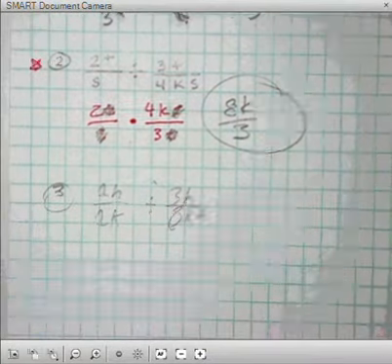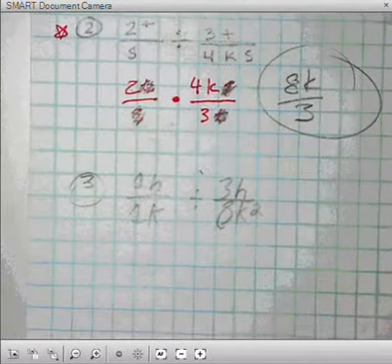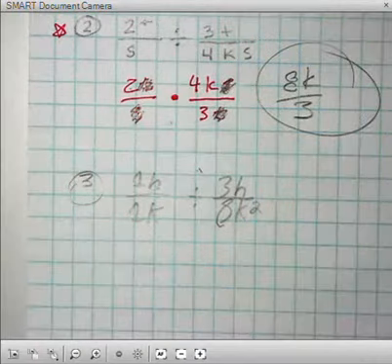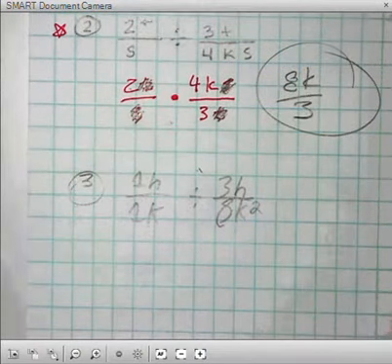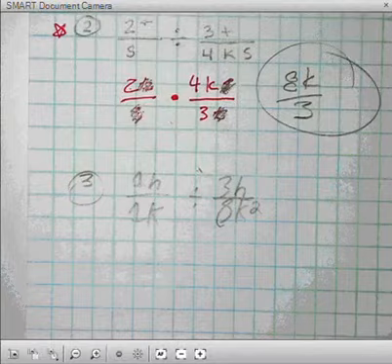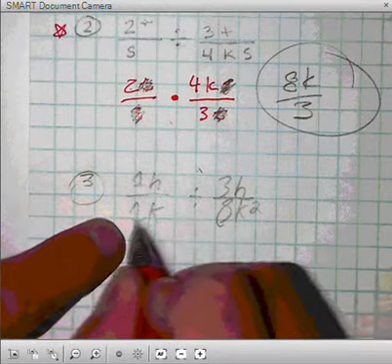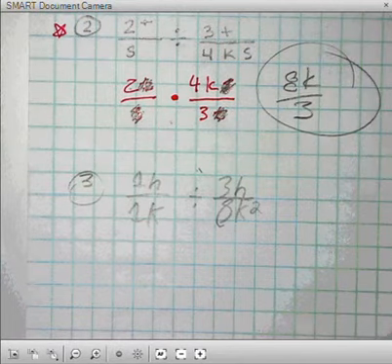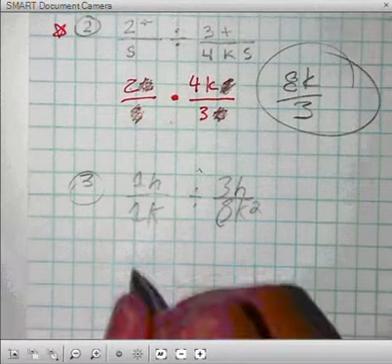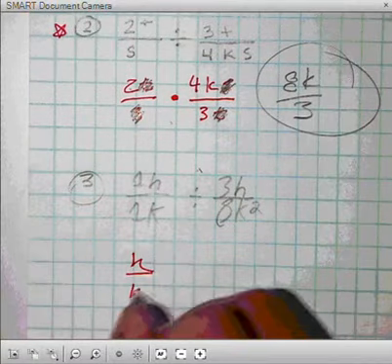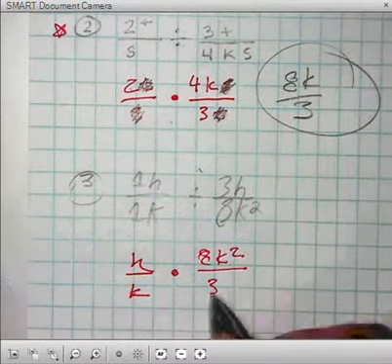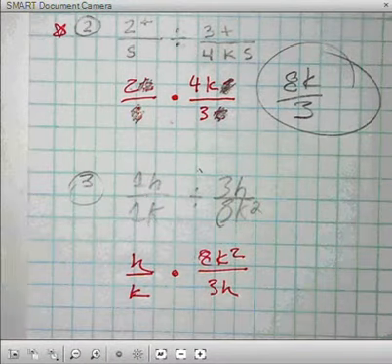And we got one more example down here. It's a little bit harder to read. 2h. Brian, is that a 1 or a 2? So it's 1h over 1k divided by 3h over 8k squared. Copy, change, flip. Is that going to work?